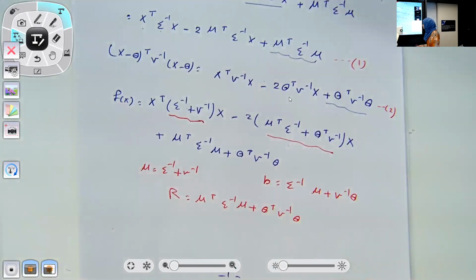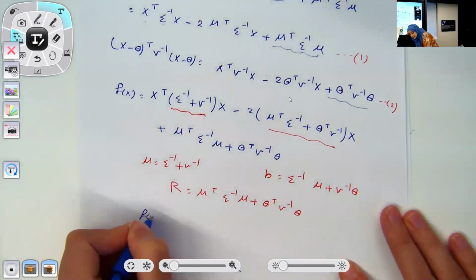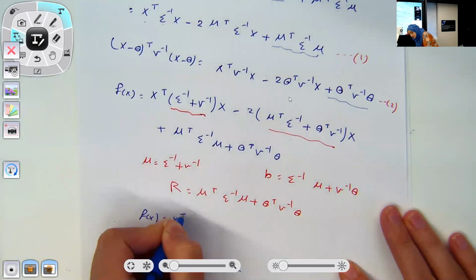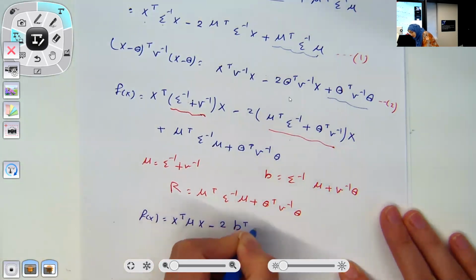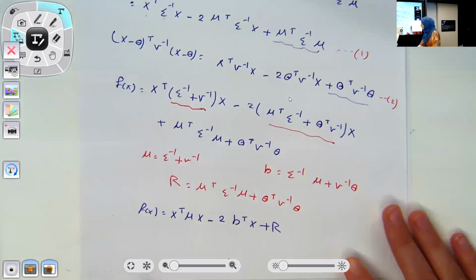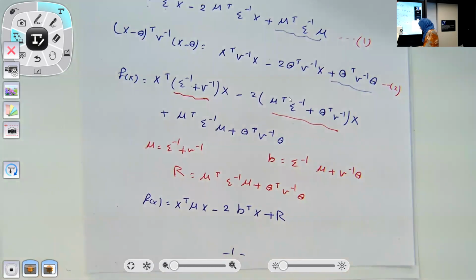So try now to write it by using mu, B, and R. So we can write it as f of X equals X transpose mu X minus 2 B transpose X plus R. This is the same formula which was proved by Sam at the beginning in part A.